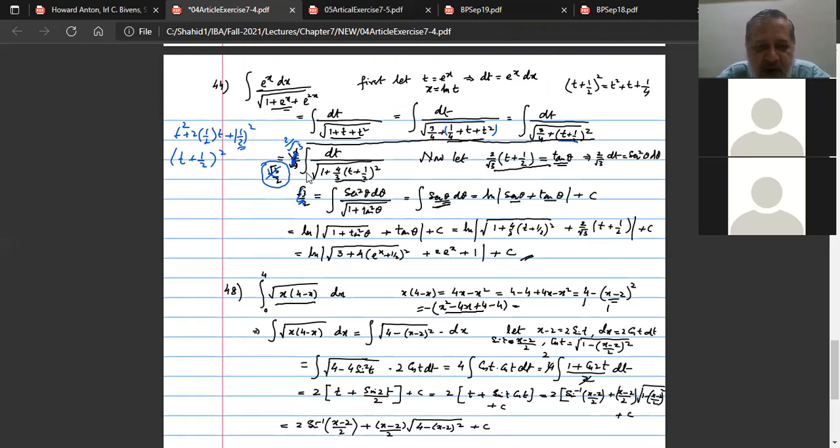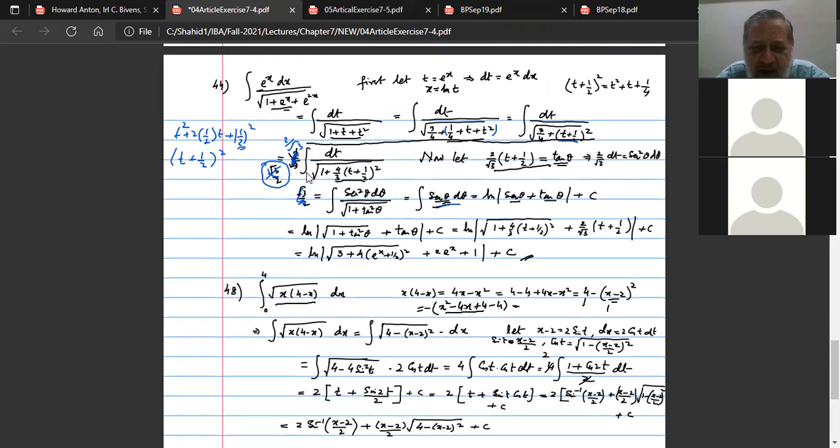Forget about the constant. The rest of the function is in what form? When you substitute this tangent theta, 2 by root 3 dt is equal to secant square theta. And after doing all the substitutions, it's only this function left, whose integral is this, leaving out constants outside.